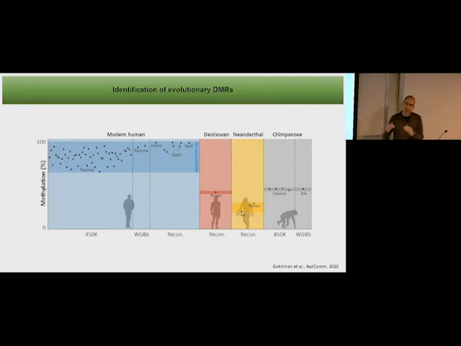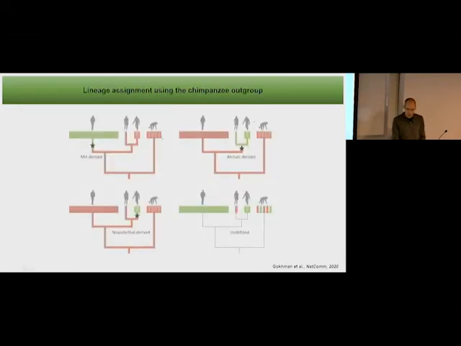So these are modern human specific, what we call evolutionary DMRs. So these are the different options. These are the modern human specific. They can be archaic specific, Neanderthal derived, etc. So we focused on modern human derived because it's also the most interesting, but also from a statistical point of view, they're the most robust.